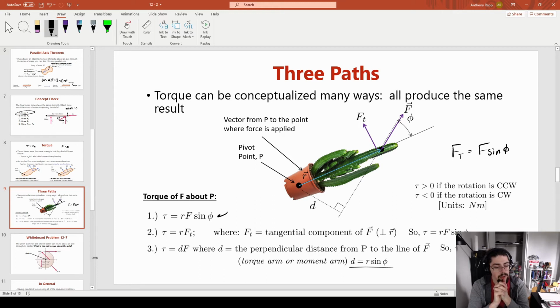Don't say clockwise or counterclockwise. What direction should it be pointing? X, Y, Z, up, down, left, right, where? Perpendicular is not wrong, but it's not complete. Into or out of the page.